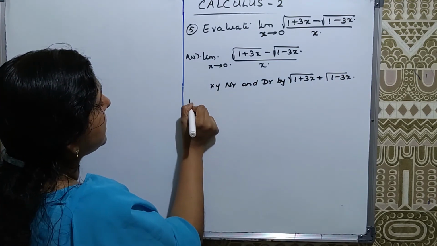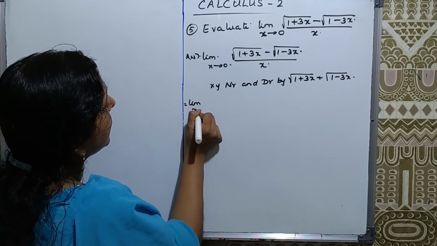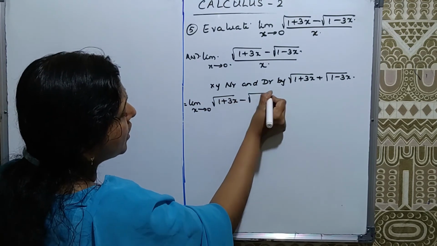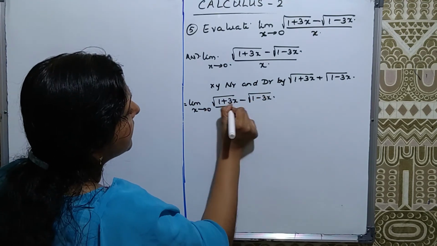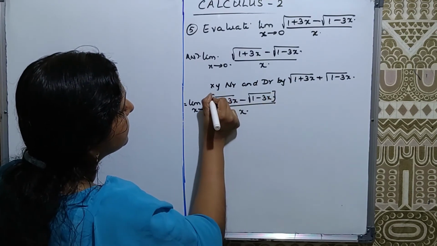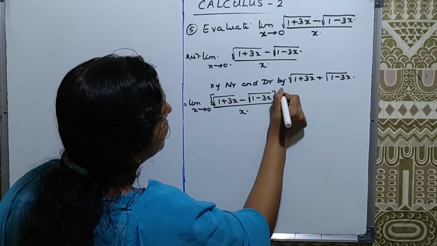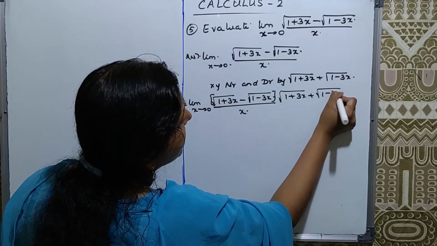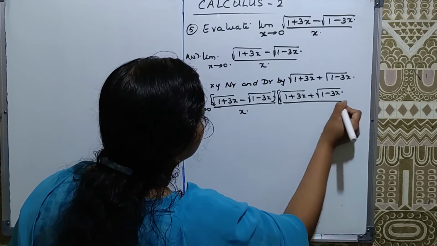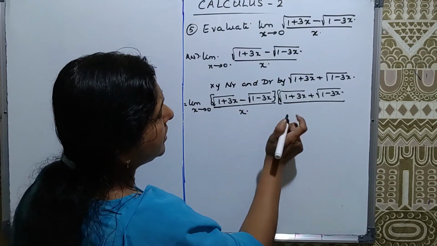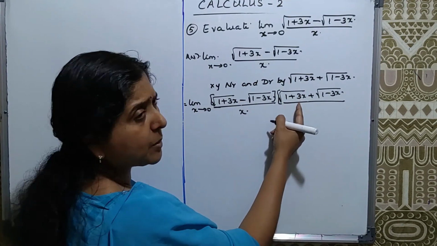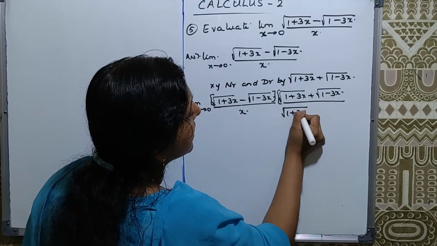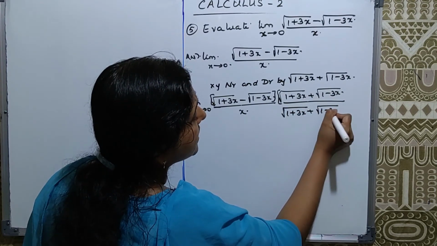So it will be limit x tends to 0, root of 1 plus 3x minus root of 1 minus 3x divided by x into, again, root of 1 plus 3x plus root of 1 minus 3x divided by the opposite sign of the denominator. Multiply numerator and denominator with the opposite sign, so it will be root of 1 plus 3x plus root of 1 minus 3x.